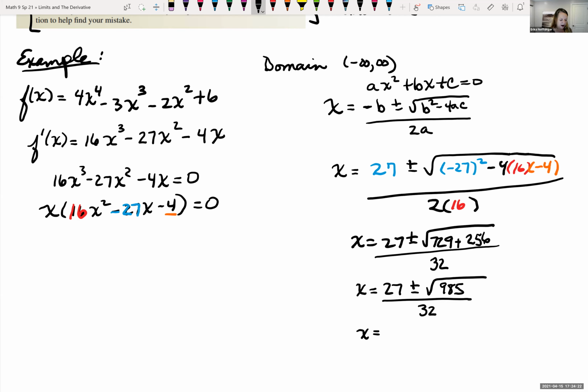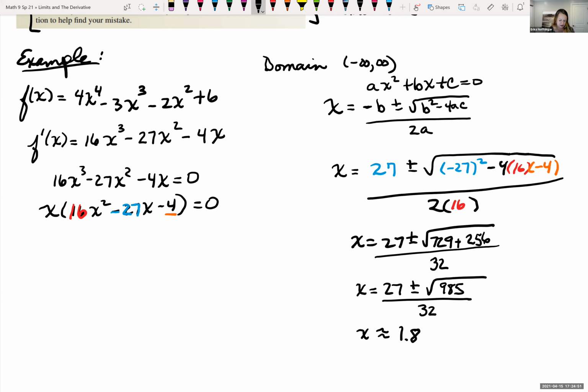So I'm just going to approximate, and we're going to get two numbers. So 27 plus the square root of 985, and then take that whole result and divide by 32. We get that is approximately 1.82, or 1.8.